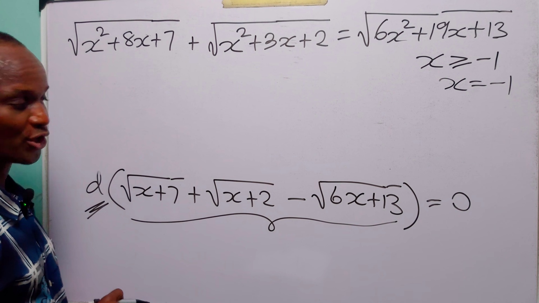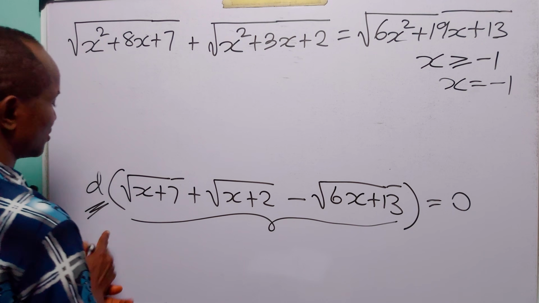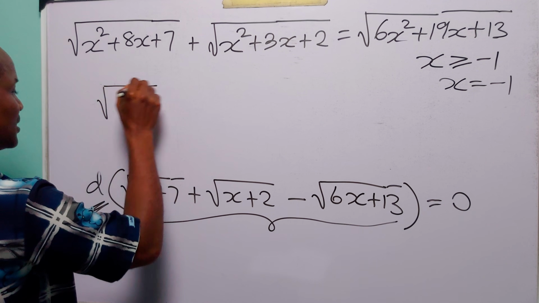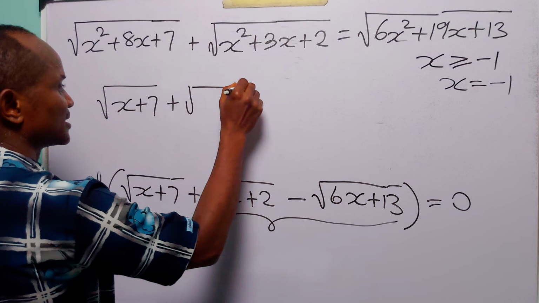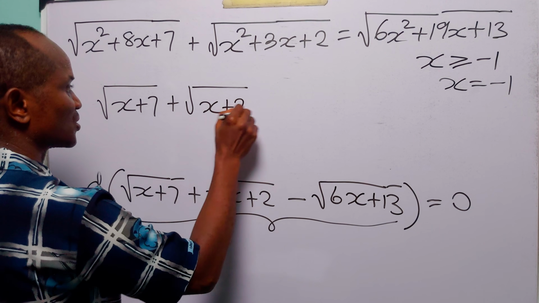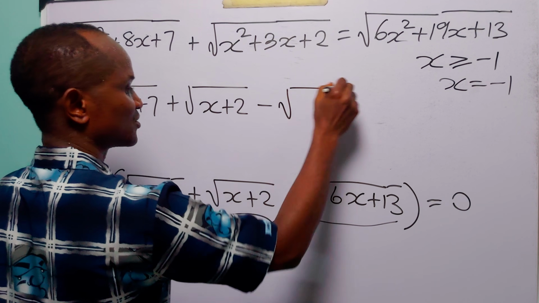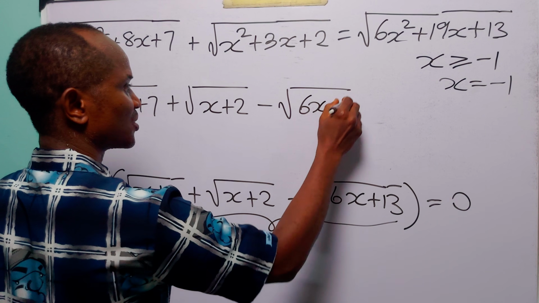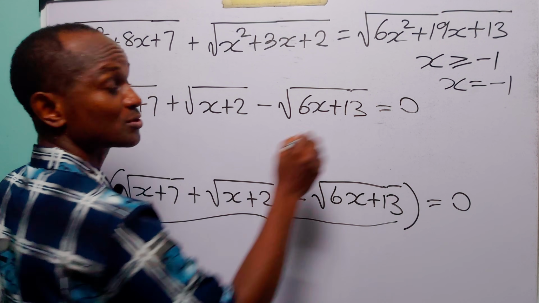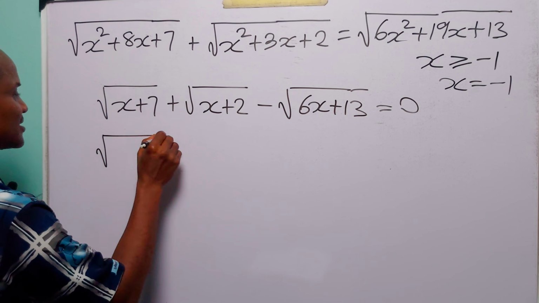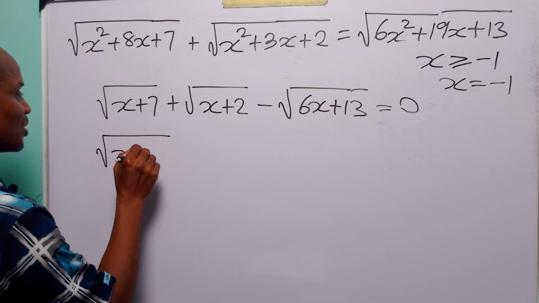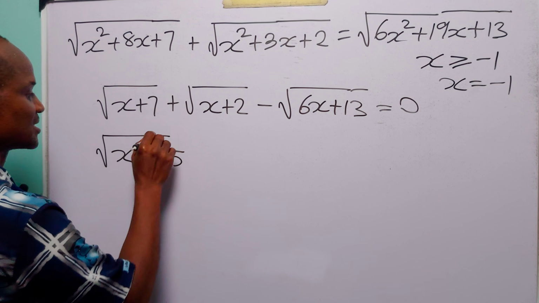And now to find the other roots, we solve this equation. So we have that the square root of x plus 7 plus the square root of x plus 2 minus the square root of 6x plus 13 is equal to 0. Now let us write this as the square root of x plus 2 plus 5.